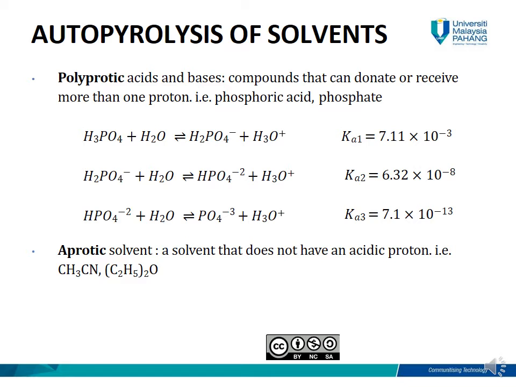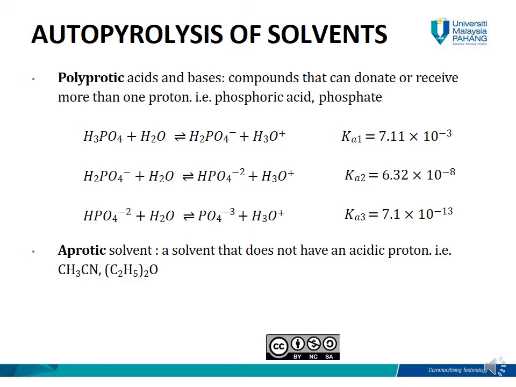The second step is H2PO4 minus mixed with water to produce HPO4 2 minus in an acidic medium. This is the second acid dissociation, so the value will be a bit different, not similar. It depends on the strength of the protons, whether it is easier or more difficult to dissociate.